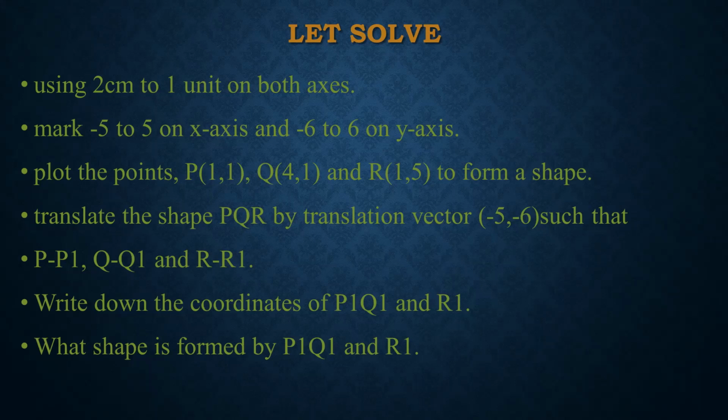Write down the coordinates of P prime, Q prime, and R prime, or P1, Q1, and R1. What shape is formed by PQR, or P prime, Q prime, and R prime? When you're done, you should be able to identify the shape that has been formed.